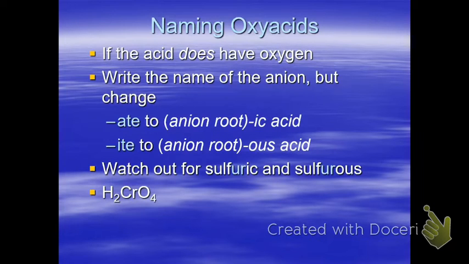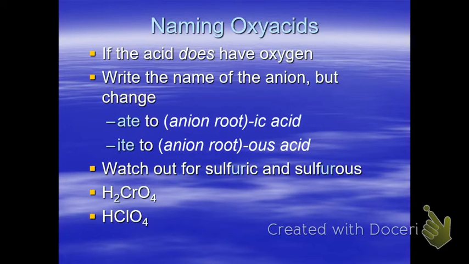So according to this rule, this should be chromic acid. You'll notice, guys, I'm not putting that prefix hydro in these names. That's only for binary acids. That was on the previous slide. Oxy acids don't have that hydro prefix. So this is chromic acid.